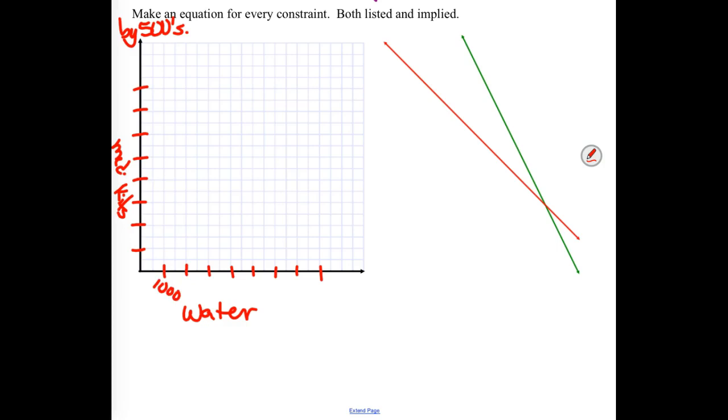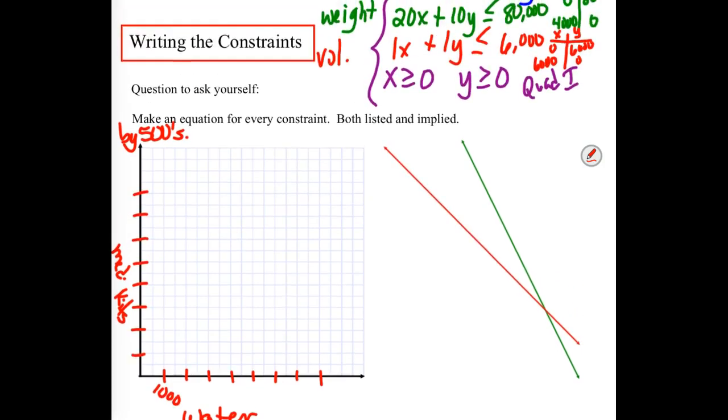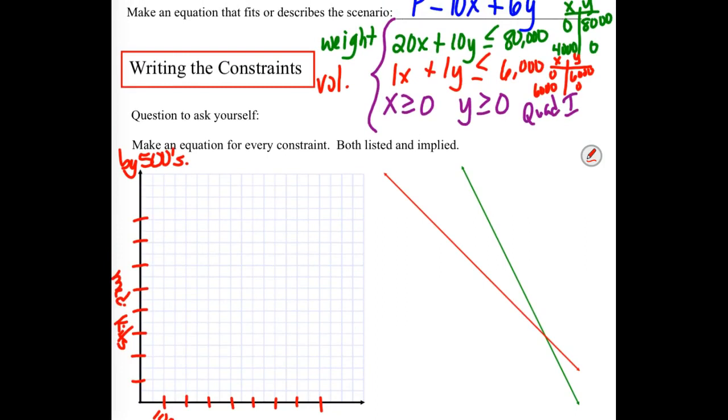All right. So for the green one, we have 8,000 for our y coordinate, and we have 4,000 for our x coordinate. Okay? And for the red one, we are at 6,000 for each. All right, go ahead and get your lines drawn in.